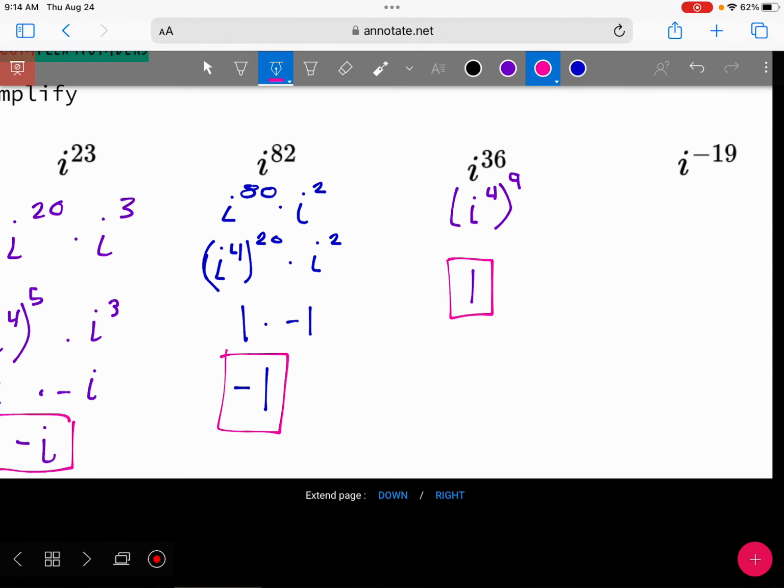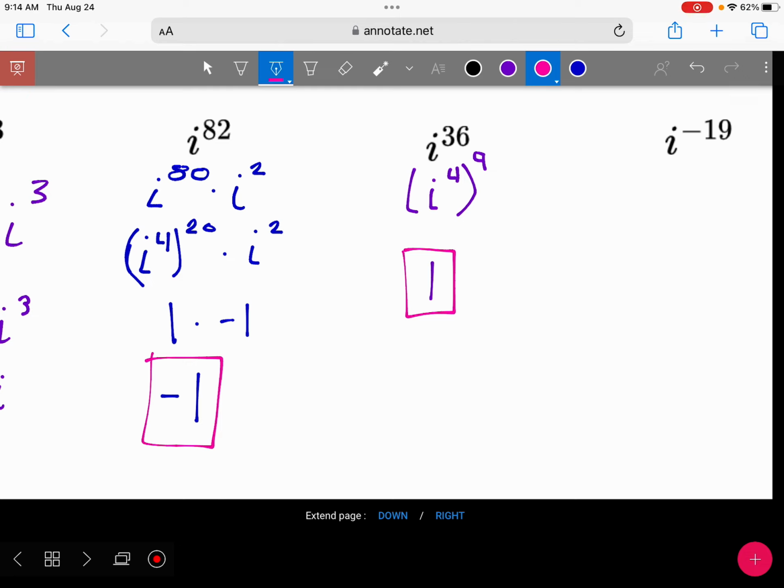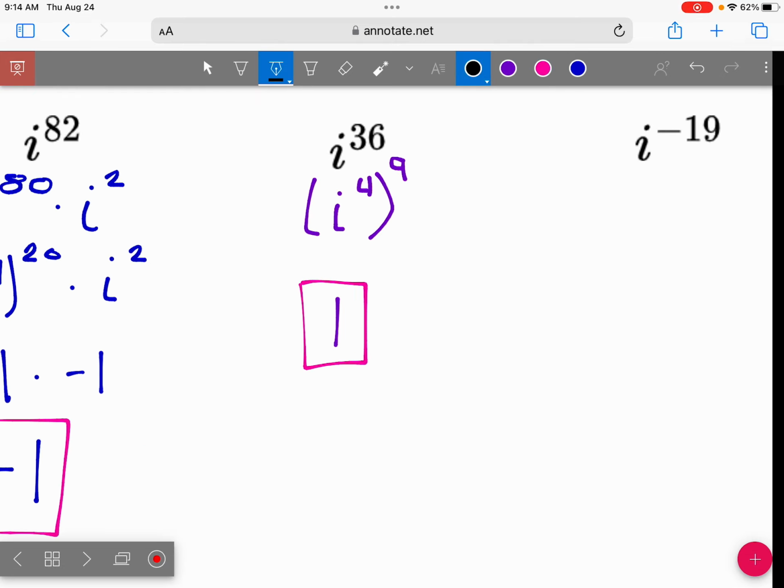All right. So now we have the negative 19. Whenever we have a negative exponent, this is 1 over i to the 19. Negative exponent puts it in the denominator.